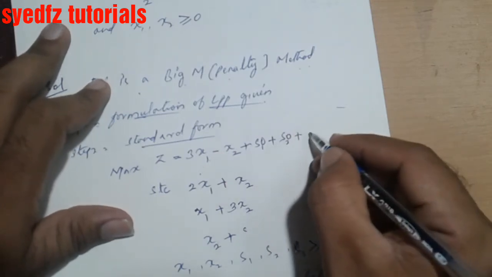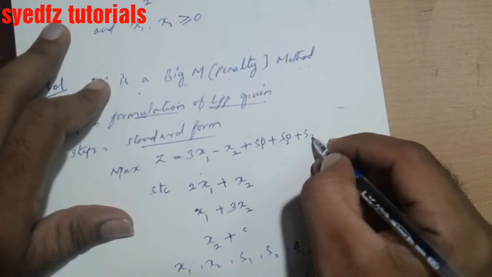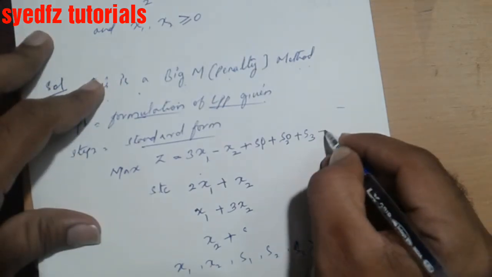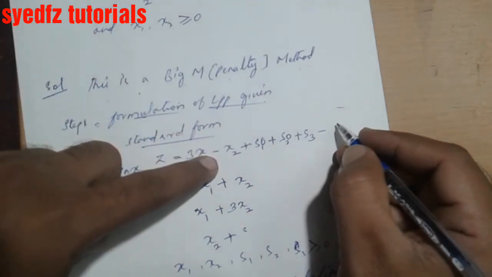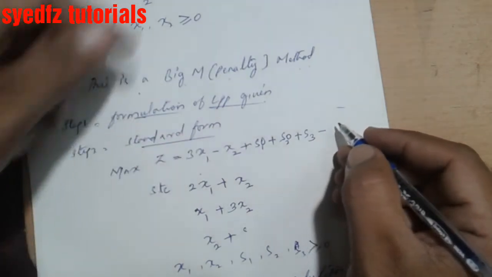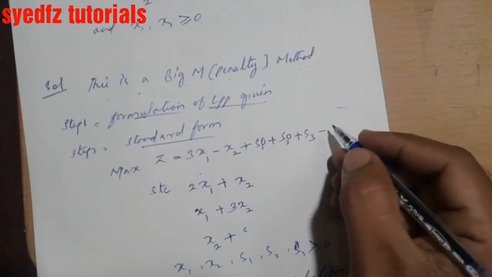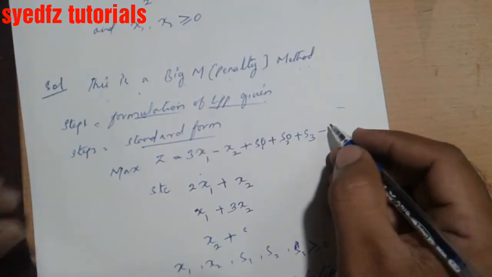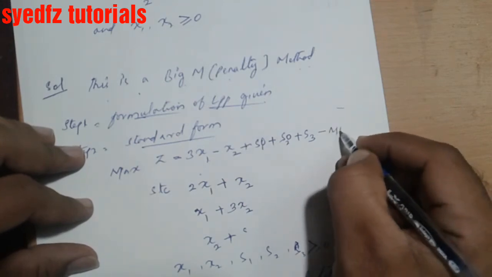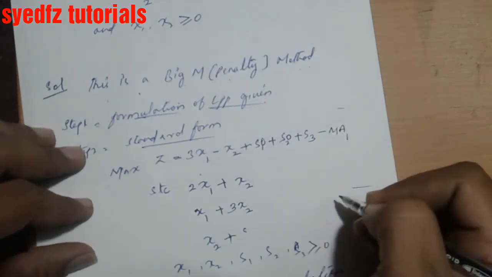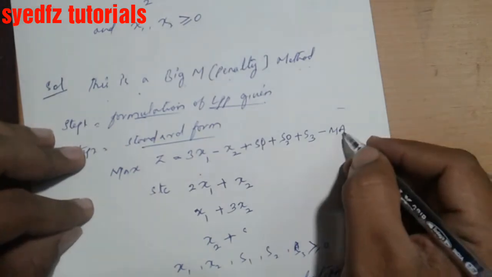Then S3. Then extra, what we have to do: it is in minus now, so we have to take it in the minus, opposite direction. So minus MA1. This is the surplus variable.